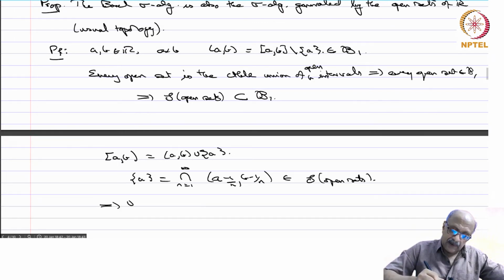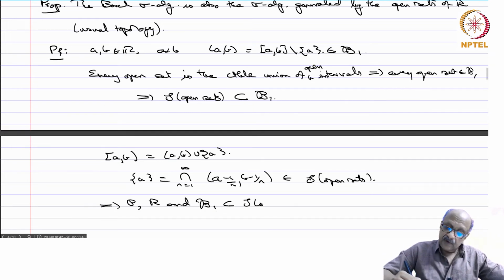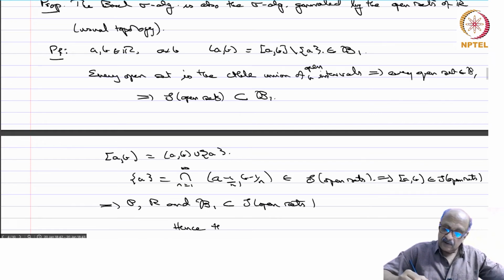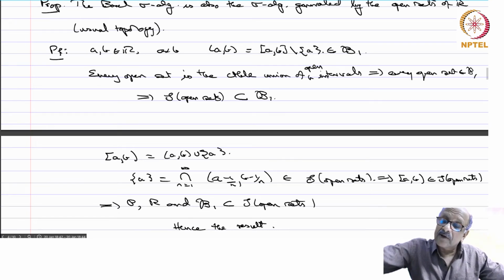So this implies P and then R and B1 are contained in S of open sets. So this implies that (a, b] belongs to S of open sets. That means P and therefore R and therefore B1, they must all belong to this, and hence the result. We have both way inclusion.